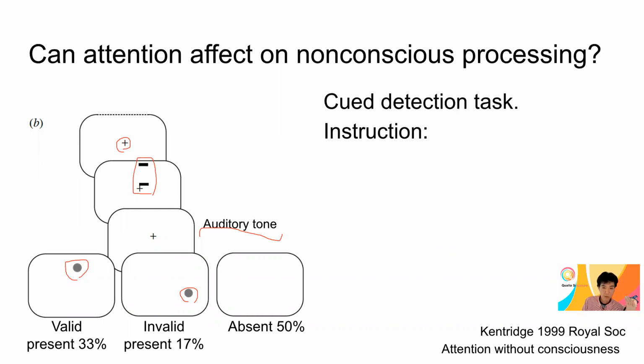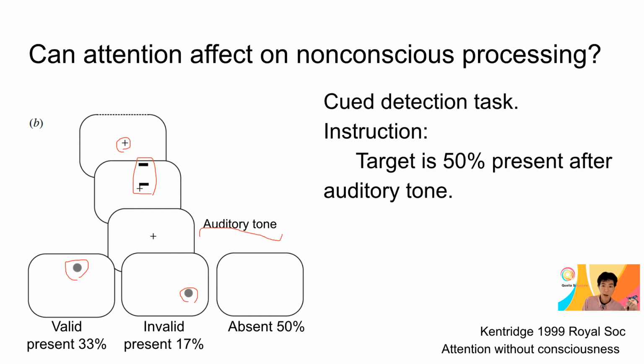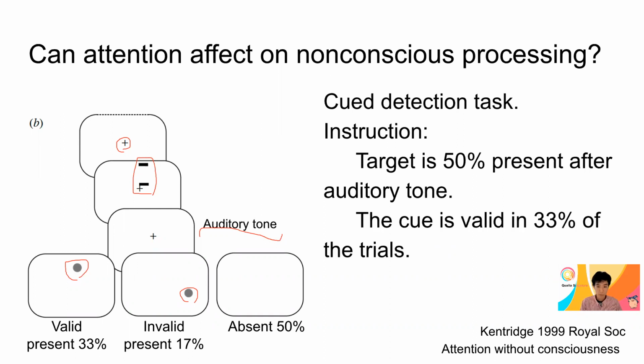The instruction to the patient is that there will be a target 50% of the time, and the rest of the 50%, there will be no target. That happens after the auditory tone. The cue is valid in 33% of the trials, or within the target trials, 66%.